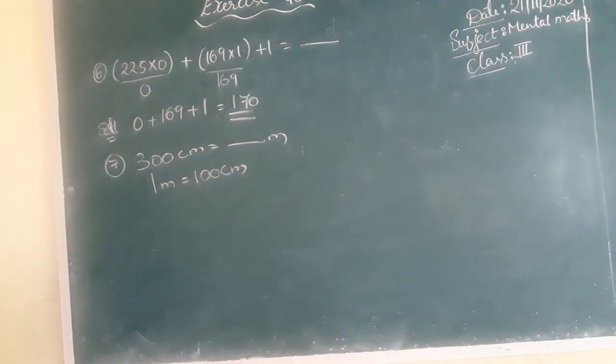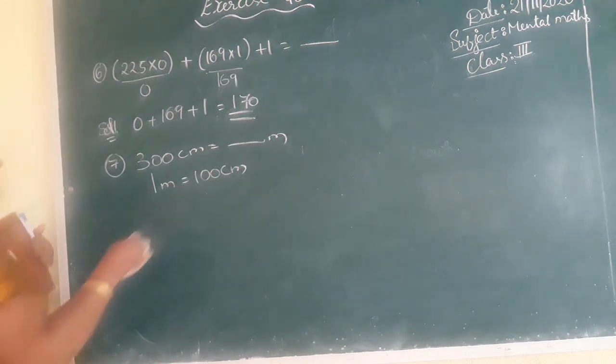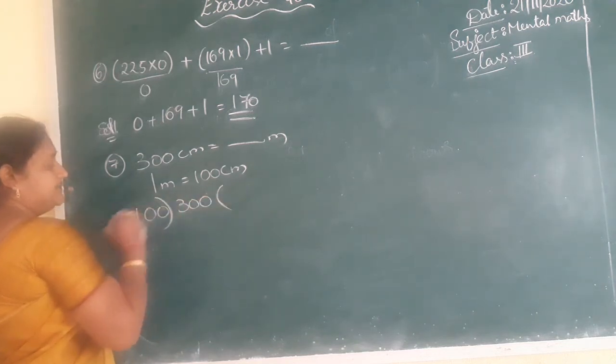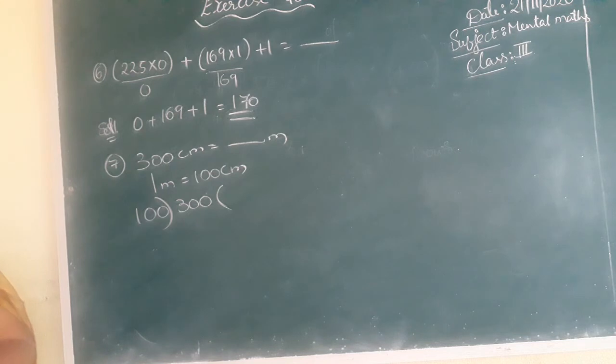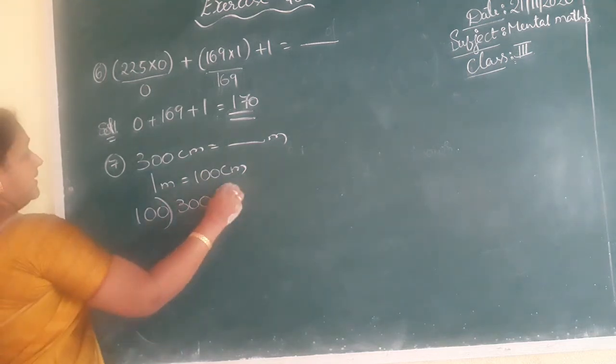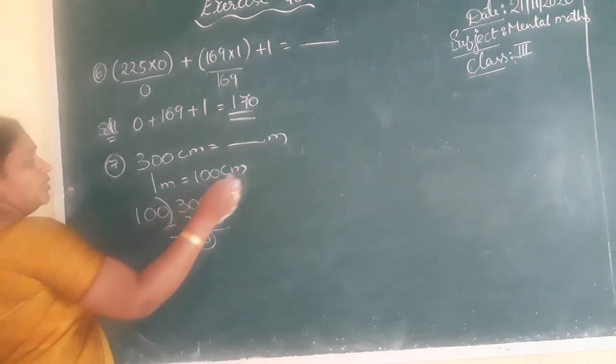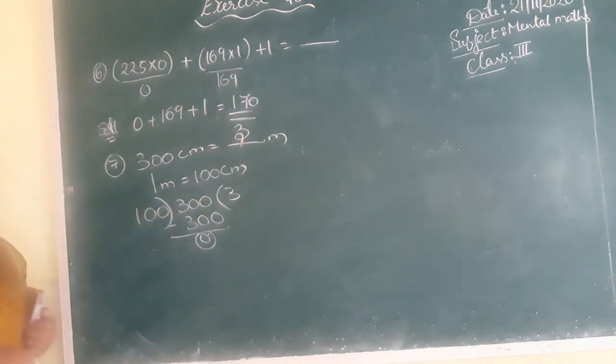Here they have given 300 centimeters and they are asking us to find how many meters it is. If you divide 300 by 100, you will get the answer. 100 3s are 300. 300 minus 300. So how many meters are there? 3 meters are there in that.